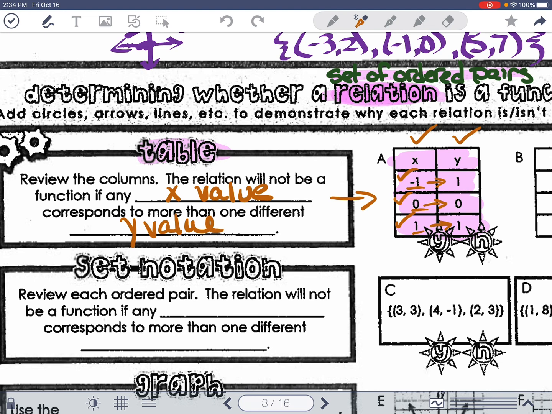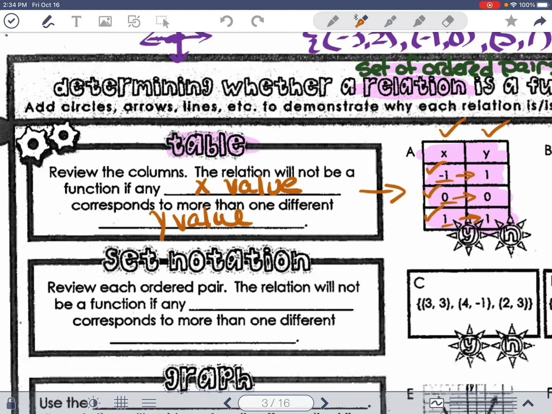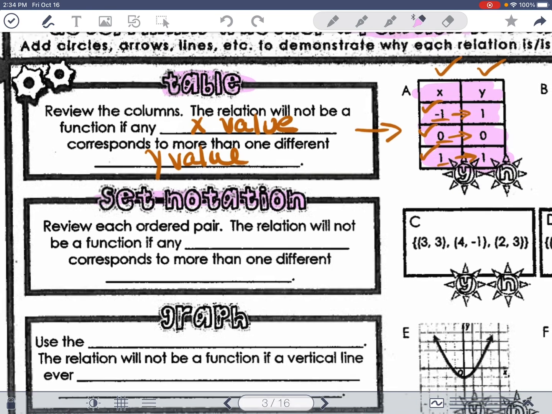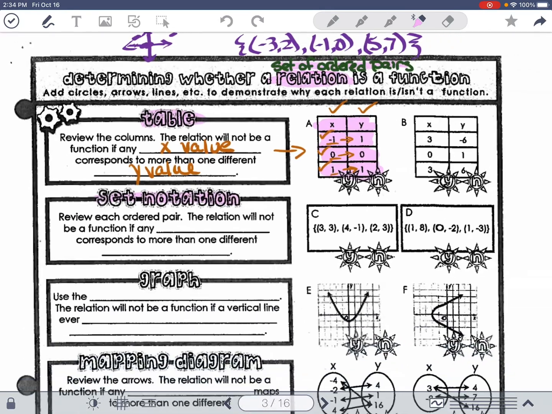Okay? Set notation. Review each ordered pair. The set notation I explained up top is a set of ordered pairs, and I have it right here with this set of ordered pairs. So we look at the ordered pairs and focus on the x value.